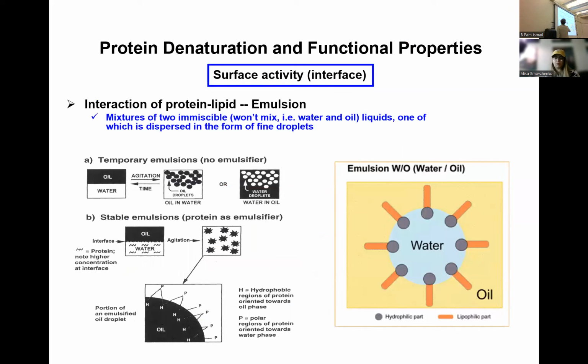Without homogenization, or without any surfactant or emulsifier, you will get phase separation. But when you have protein and you have the agitation, the homogenization, you get that stabilizing emulsifier layer around the water or oil, with different components of the protein orienting to the different phases.